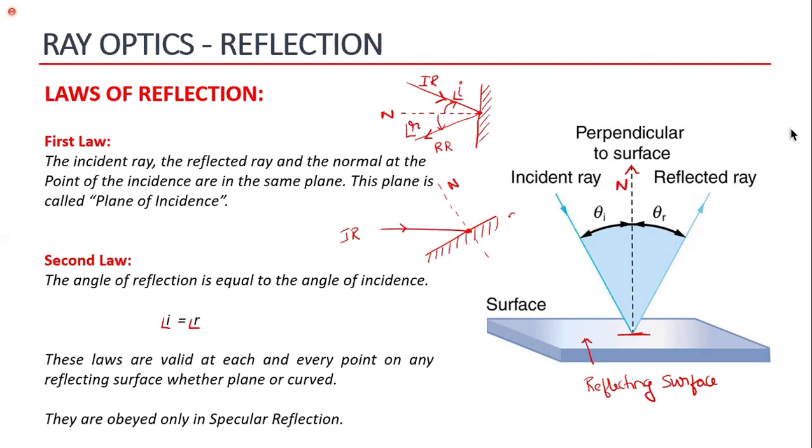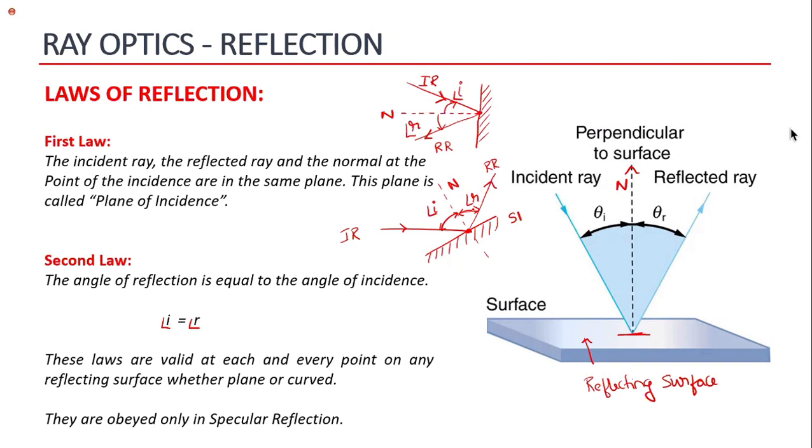This is the normal for surface 1. This is your angle of incidence. Similarly, if you take the same angle and draw, you get a reflected ray. This is your angle of reflection. Whatever your surface is, your angle of incidence is equal to the angle of reflection. Clear?